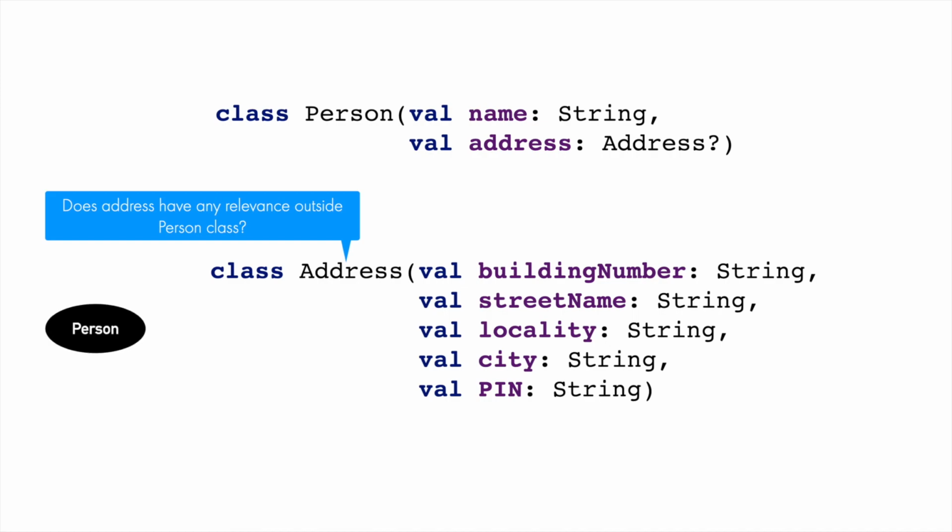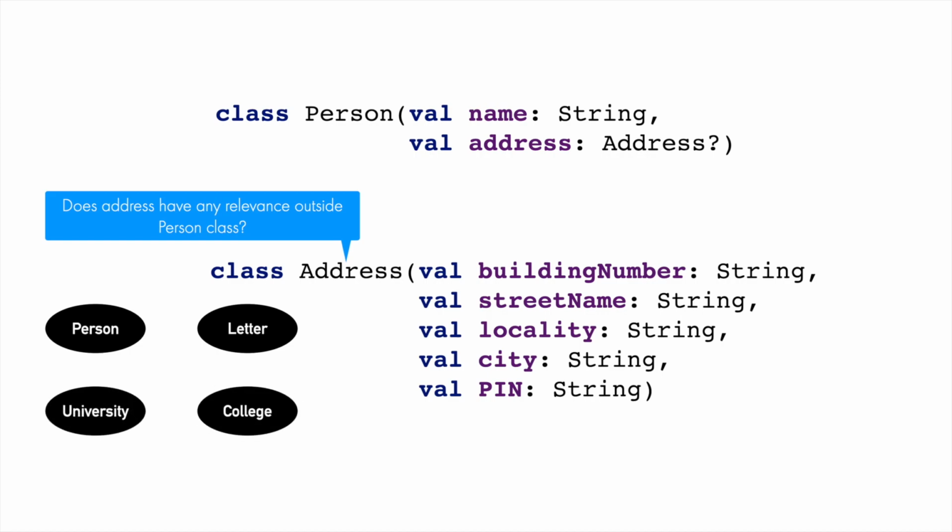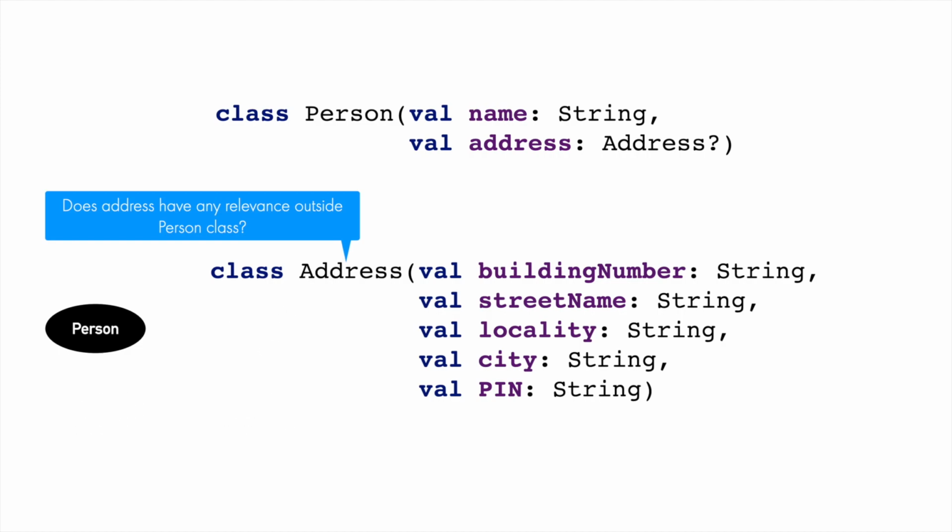Address can be there for a person, it can be there for a letter, it can be there for a college or university for that matter. But as of now, we might say that address doesn't have any relevance outside the person class. Every person has the address. There is no point in having this particular address class being used anywhere else.